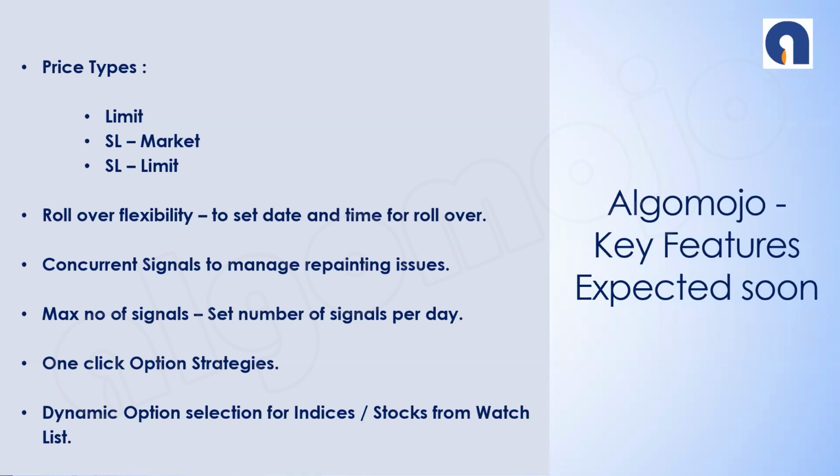So that is another thing that we are working on. Another option that we are working on is dynamic option selection for indices and stocks from the watch list. These could be available for the users in the next couple of weeks. We will intimate as soon as these kind of features are rolled out.